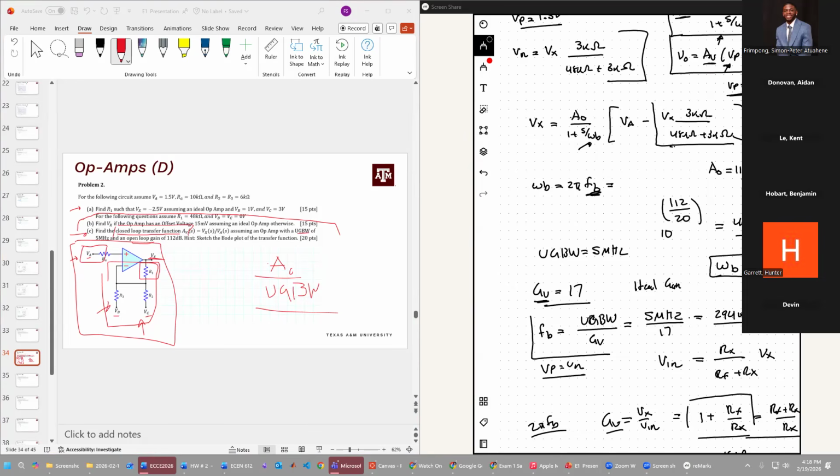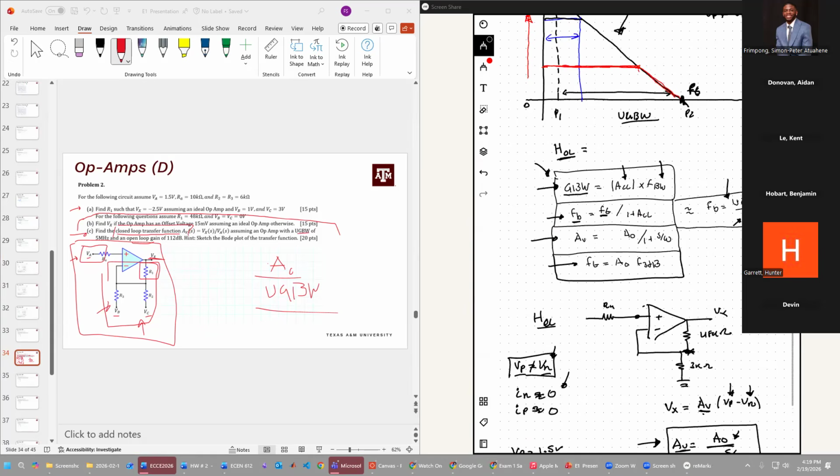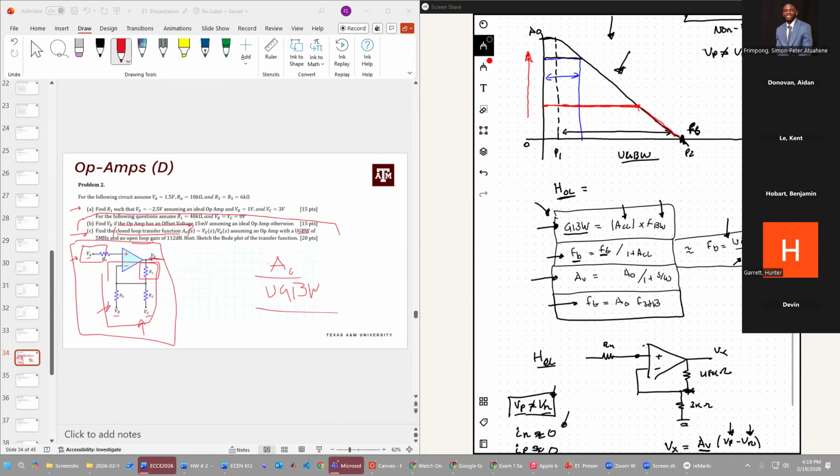Can we find the closed loop gain and then use the unity gain to find the frequency? To find like your cutoff frequency? Yes, that's what this equation is. Yeah, I think I'm understanding your question.